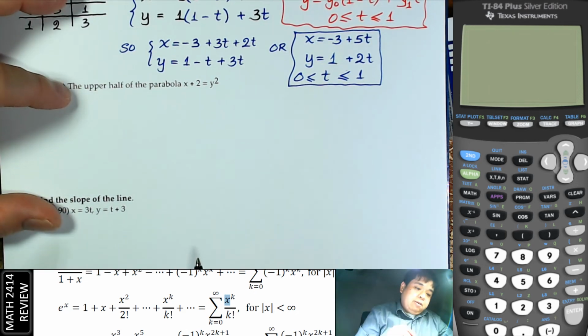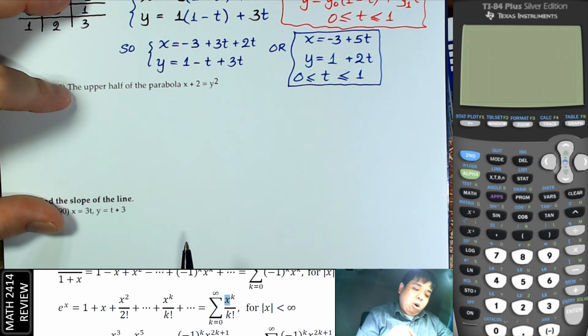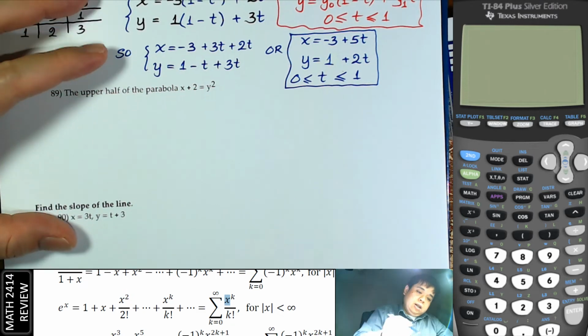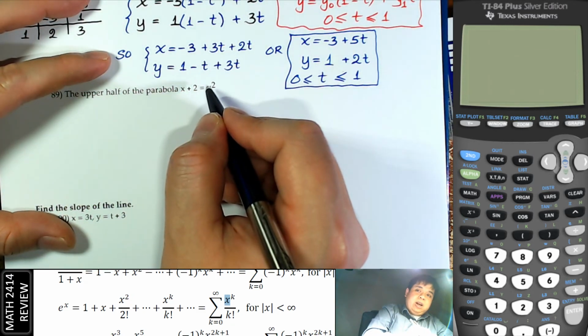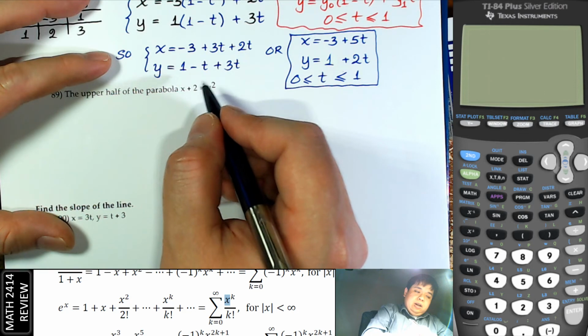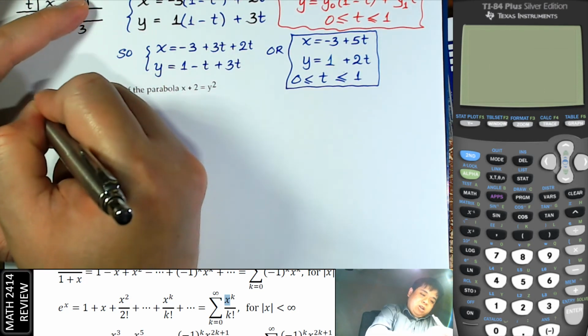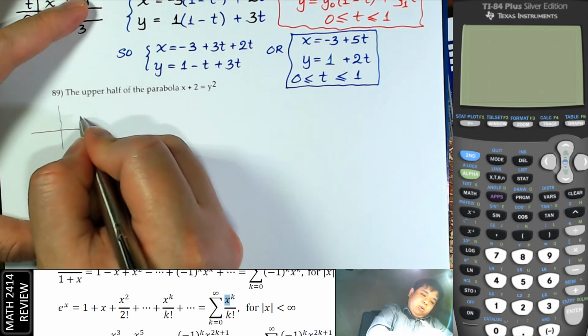Next, for the upper half of the parabola x plus 2 equals y squared. Right, so x plus 2 equals y squared. So if we sketch that quickly, by the way, y equals x squared is a parabola this way, x equals y squared is this way.